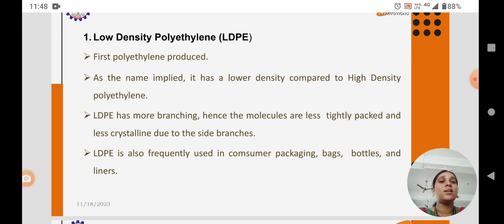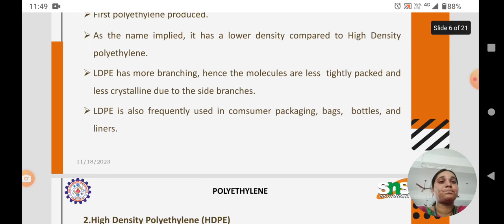As the name implies, it has a lower density compared to high density polyethylene. Low density polyethylene has more branching, hence the molecules are less tightly packed and less crystalline due to the side branches. It is also frequently used in consumer packaging, bags, bottles and liners.